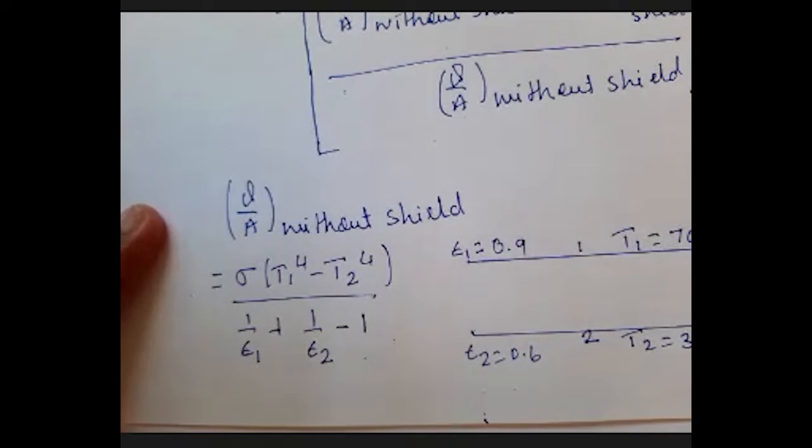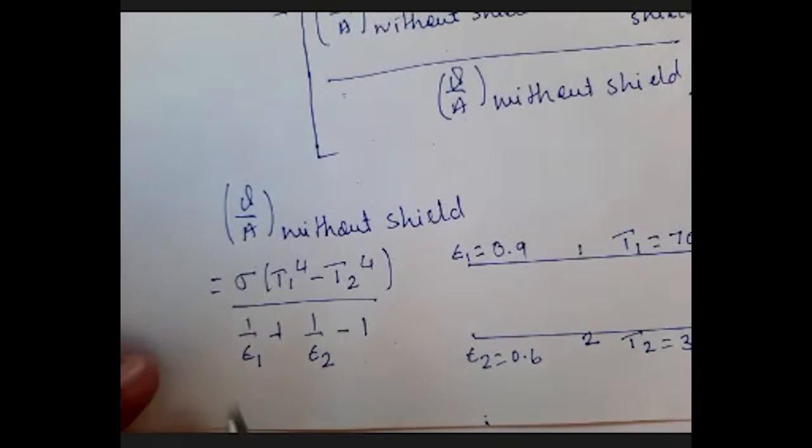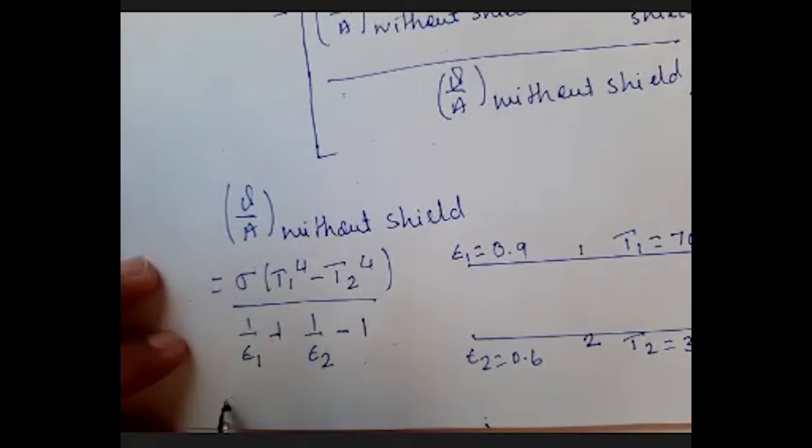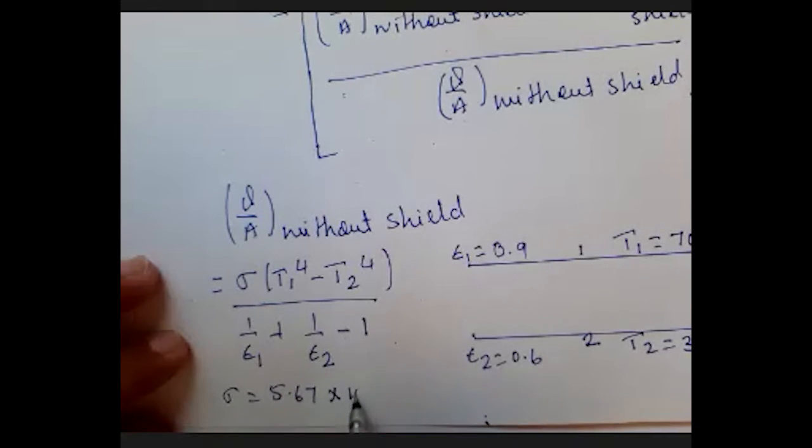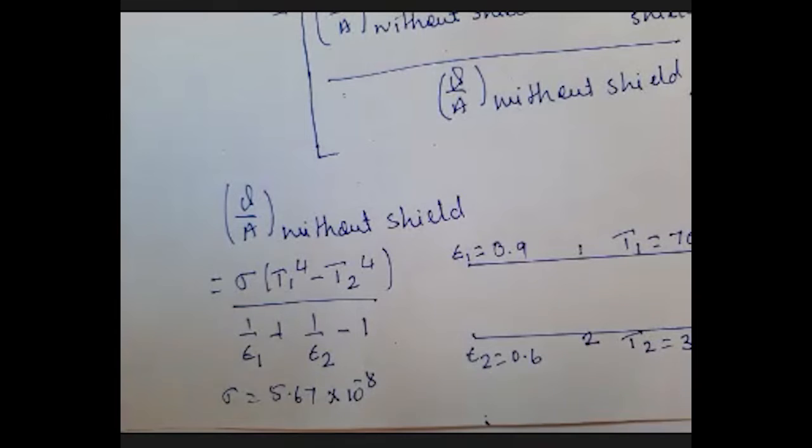So when I substitute the values, sigma is 5.67 into 10 raised to minus 8. And this value is also given in the data handbook. It's not necessary to learn those values by heart. If necessary, we can go back to the data handbook and check it.